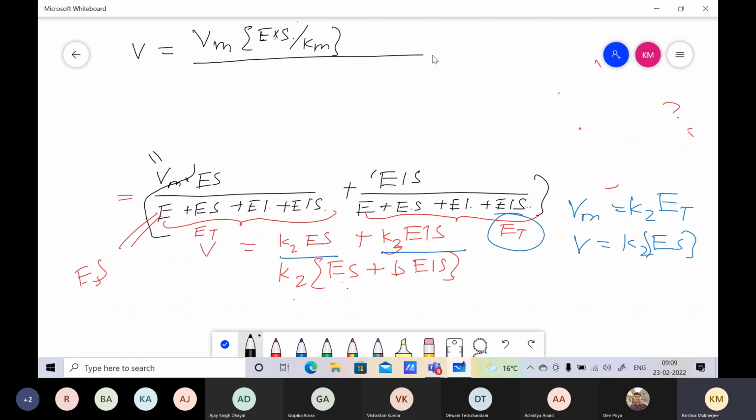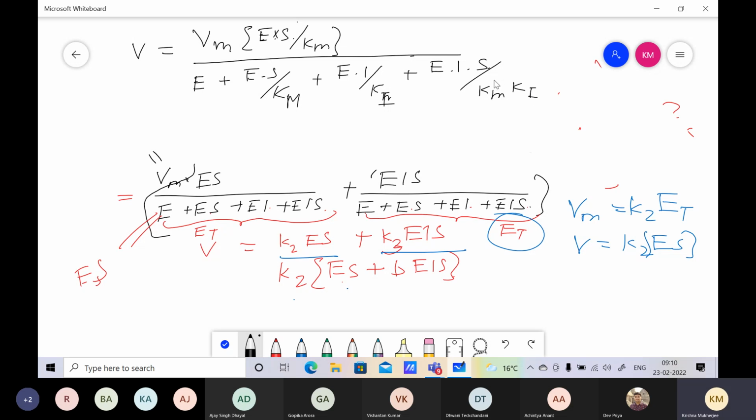And this is E plus E into S upon Km plus E into I upon Ki plus EI into S upon K2, I plus E into I into S, right? Correct? Yes, sir. E into I into S upon Km Ki.